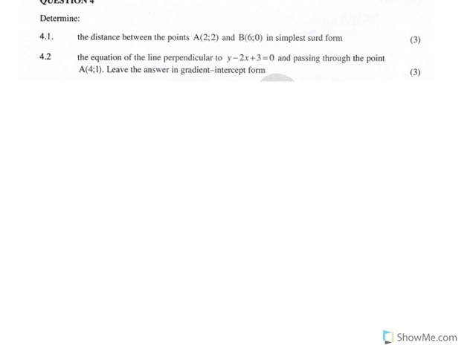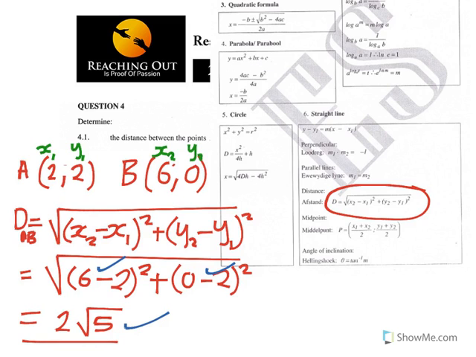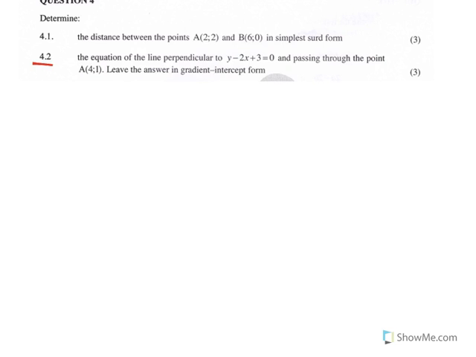If we are to move on now, looking at the next question, which is question 4.2, it says, remember the questions were determine, so everything we're determining. Now we are determining the equation of the line perpendicular to y is equal to that, and passing through the point that. Leave the answer in gradient intercept form.